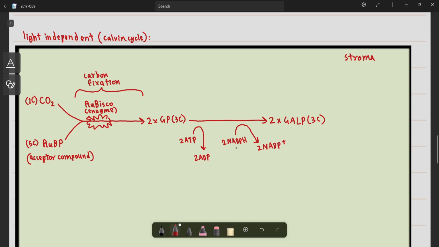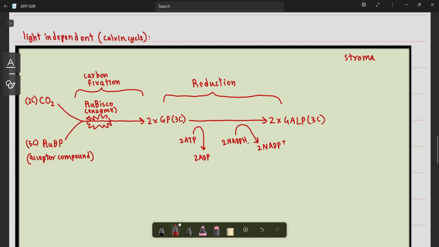Okay, so these high energy molecules are where it's most important. This entire step is known as reduction, because the two molecules of GP are reduced into two molecules of GALP.